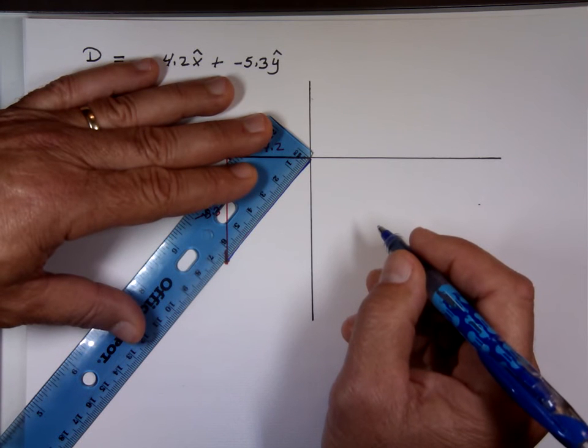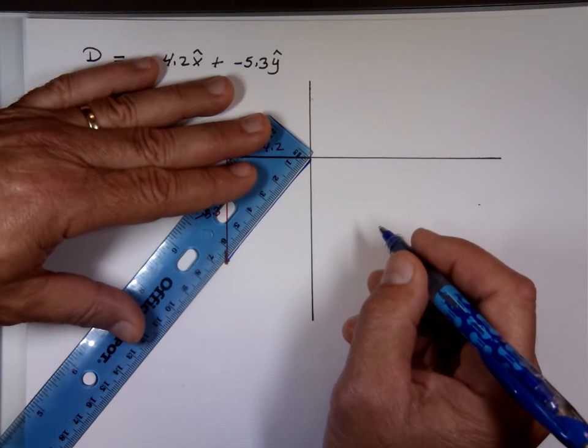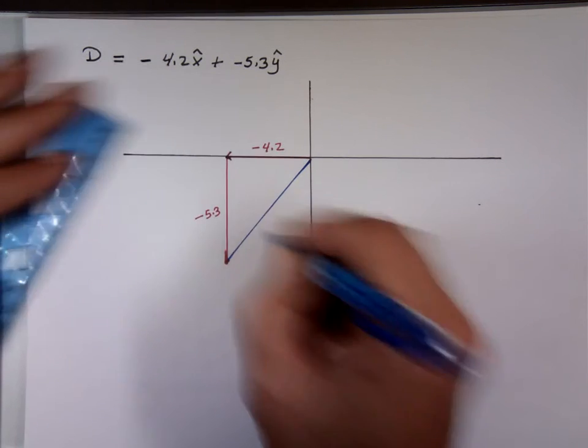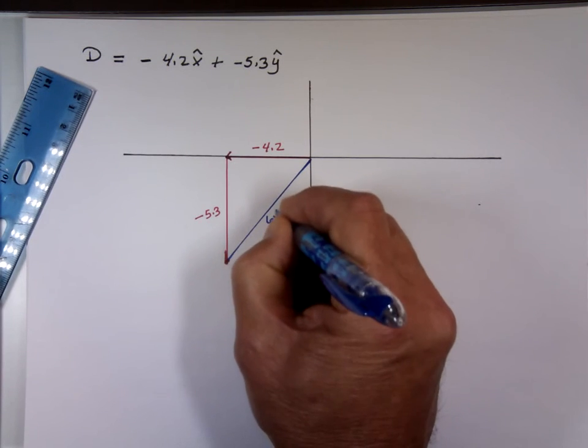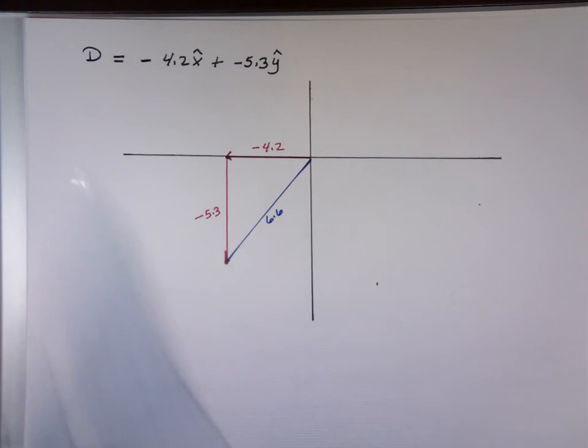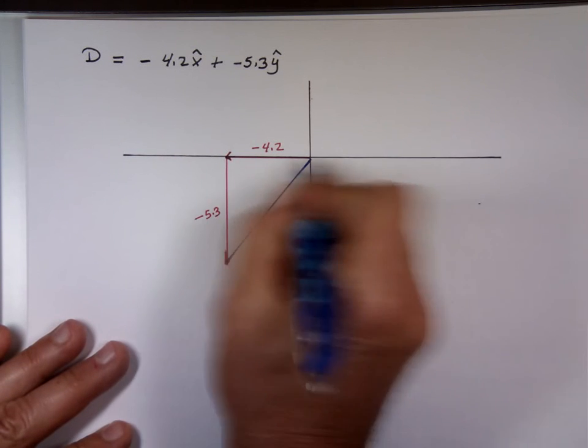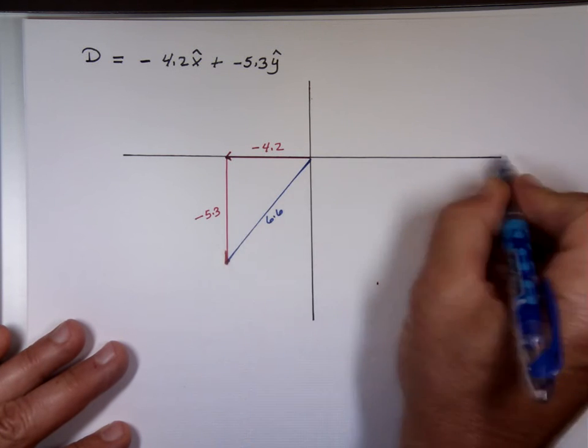Maybe 6.6 maybe from my picture. And what about the angle? Now remember, you always want to measure the angle from where? From this line. So what's this angle?